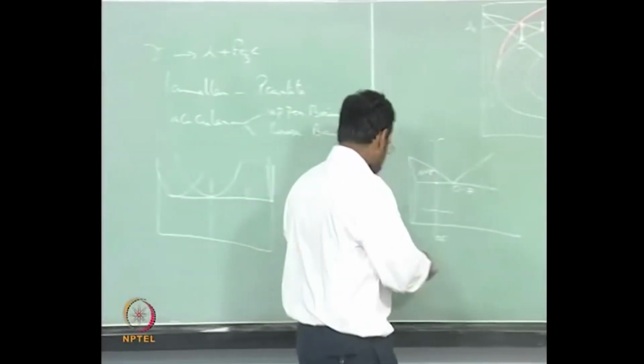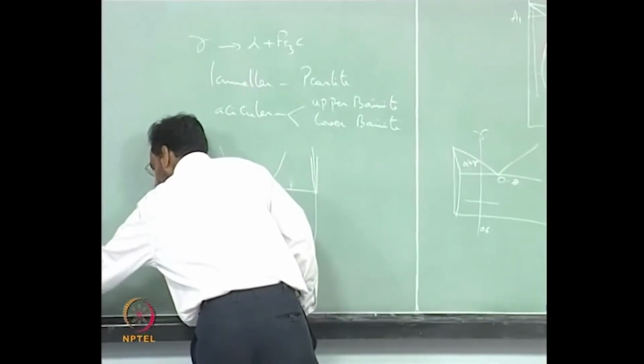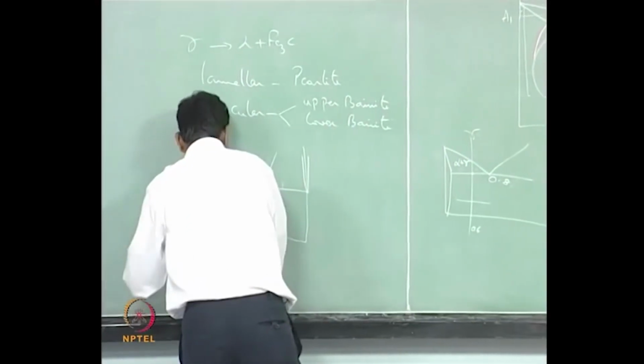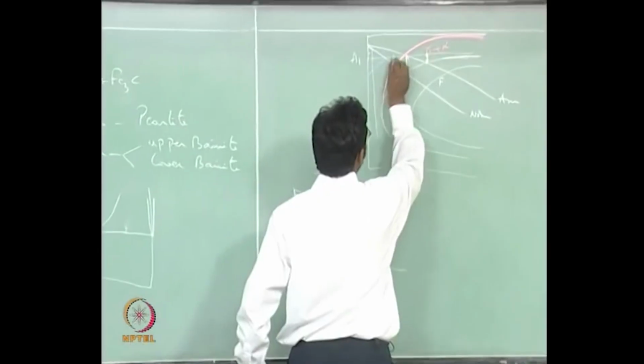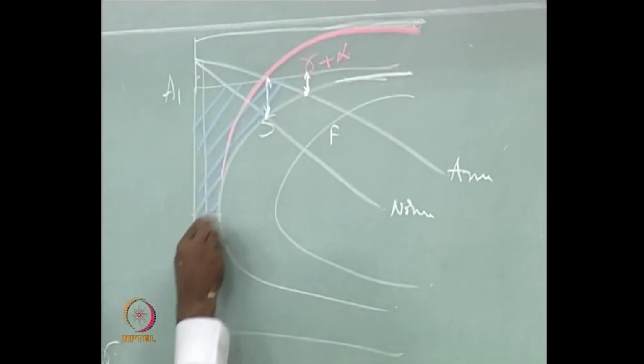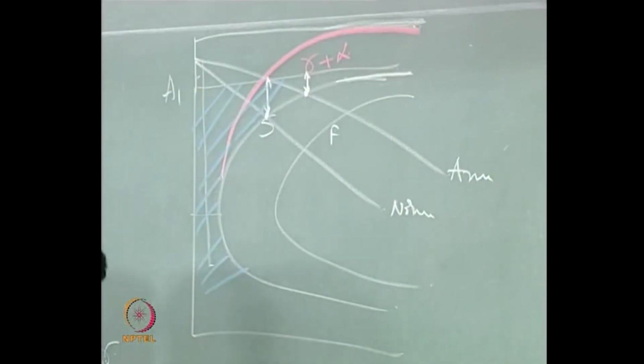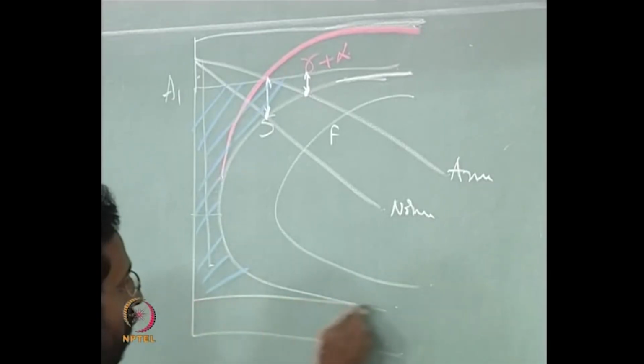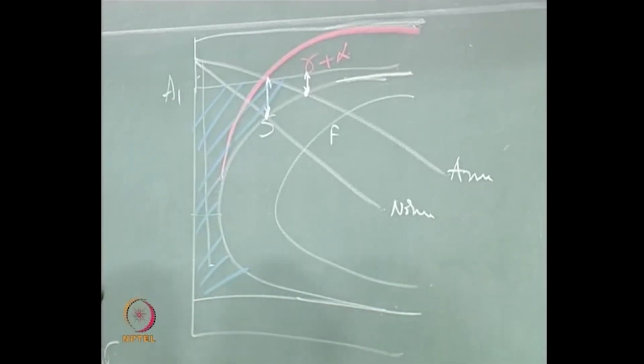So all this gamma that you see until you reach the MS temperature, the whole left of this curve, is all metastable gamma.